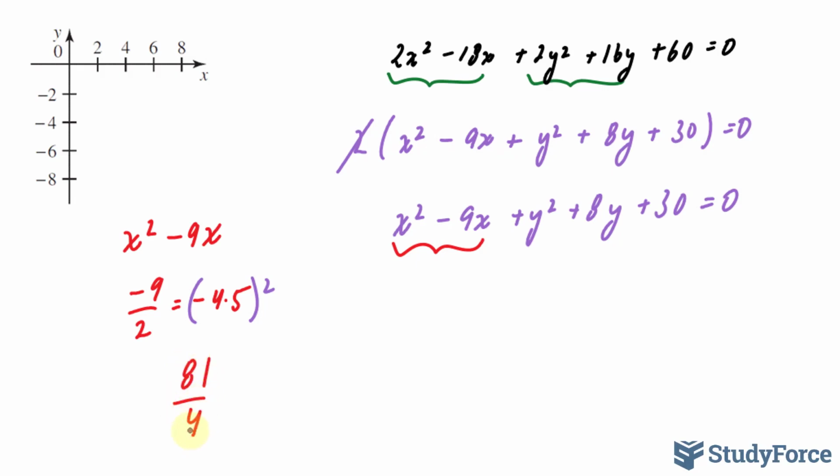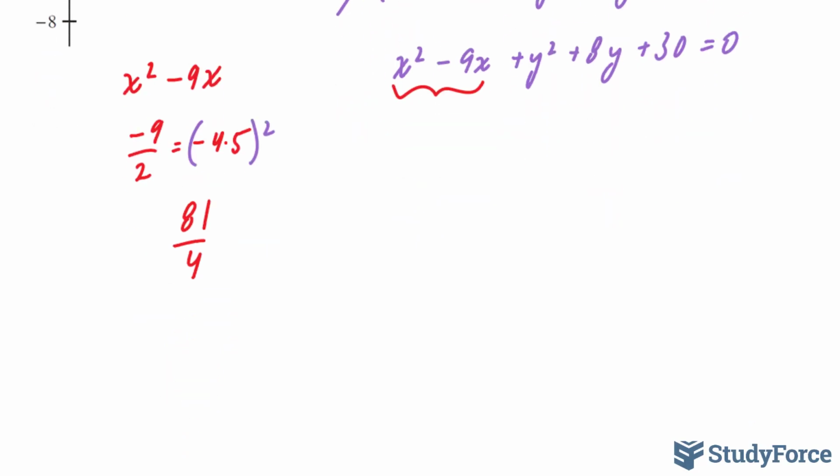What I'll do with this number, 81 over 4, is add it and subtract it in my equation, where I end up with x squared minus 9x plus 81 over 4 minus 81 over 4. I'll put brackets around the first 3 terms. Now these first 3 terms can actually be factored.